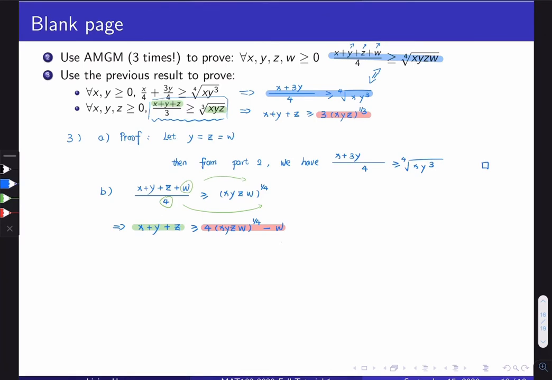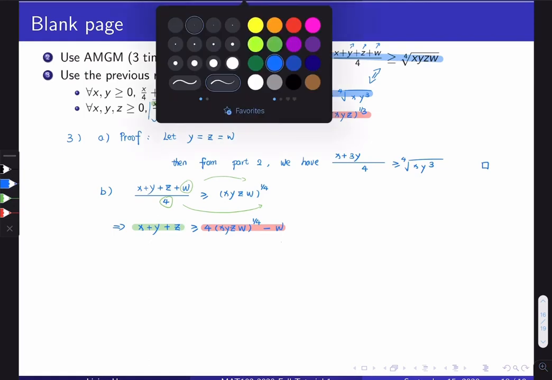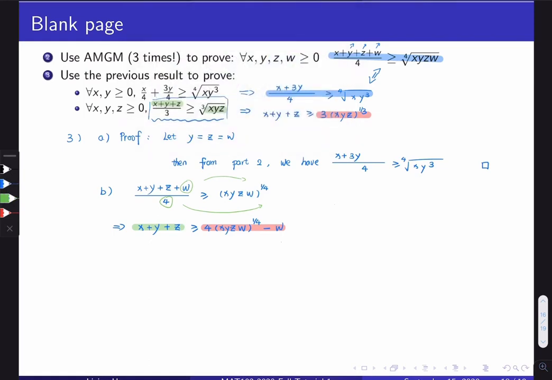So think about this. In order to turn (xyzw) to the 1 over 4 into (xyz) to the power of 1 over 3, we can do something about w. We can make it equal to something such that we have this.